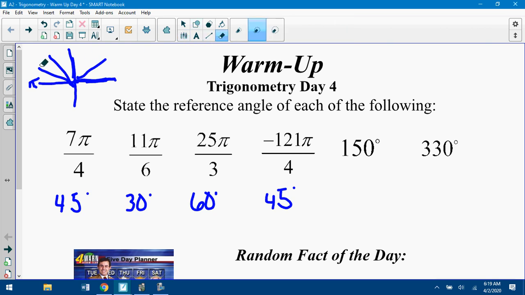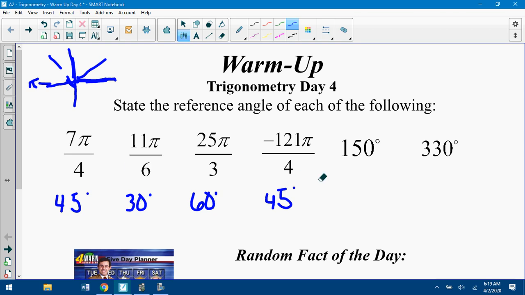Got an extra slice over here. But anyway, if I divide that up into 4 slices, then if I have 180 degrees total divided by 4 slices, each one's 45. So 45, 45, 45, 45. But all you really need to know is over 4 is always 45, over 3 is always 60, over 6 is always 30.